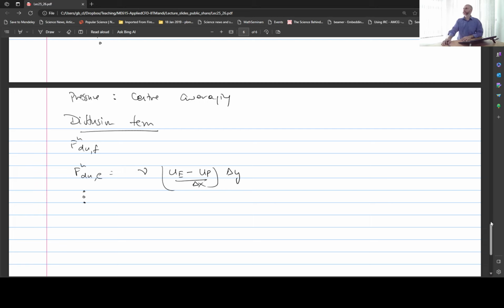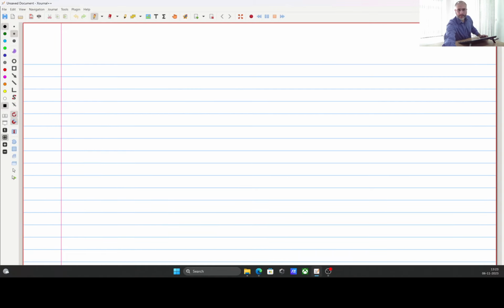So this was the predictor step. Now let's talk about the corrector step as well, so that we are able to complete the algorithm. For the corrector step, if you will recall, we had a pressure Poisson equation.